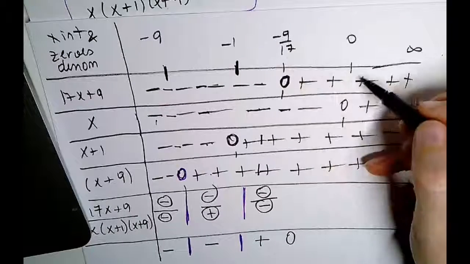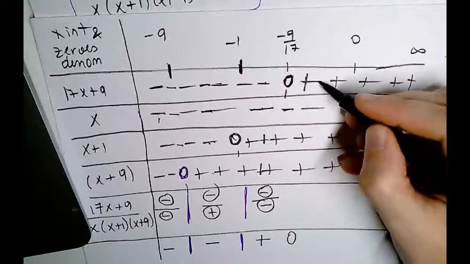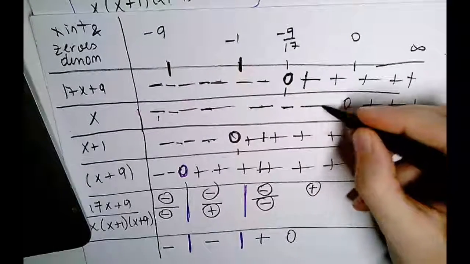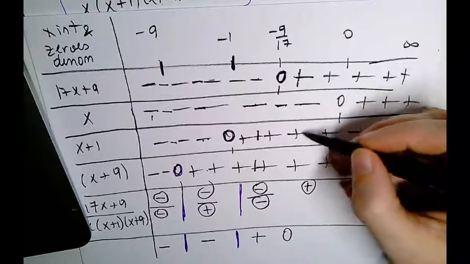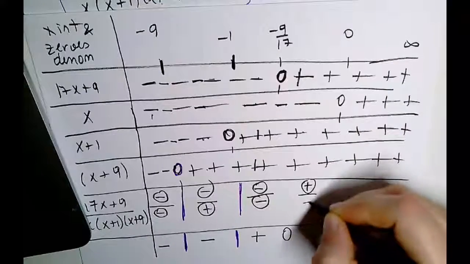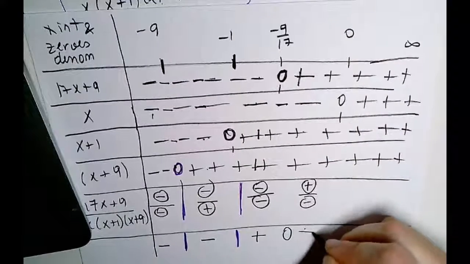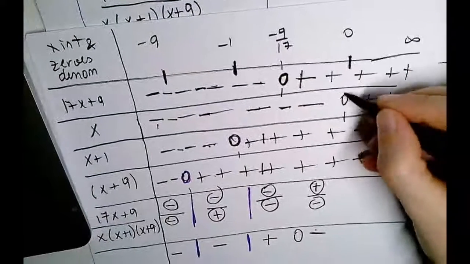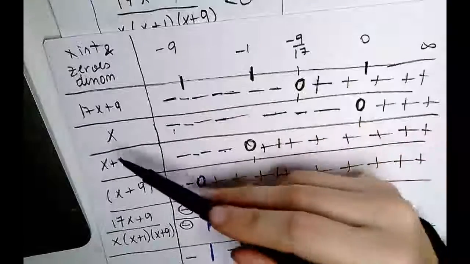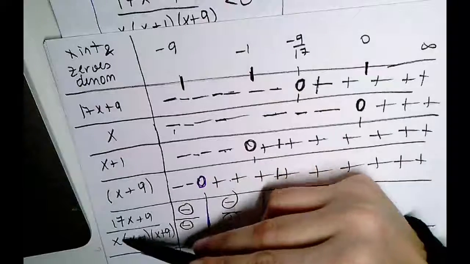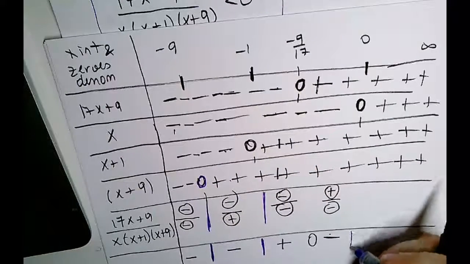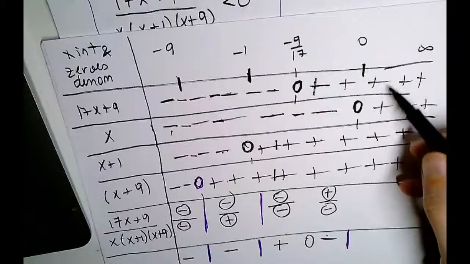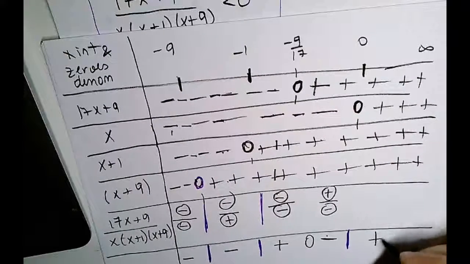Between negative 9/17 and 0, I have a positive for the numerator, divided by a negative times a positive times a positive, so divided by a negative. So I get a negative. At 0, the denominator is 0 because x is part of the denominator, so we're going to have undefined at 0. And then between 0 and infinity, they're all positive, so it's going to be a positive.